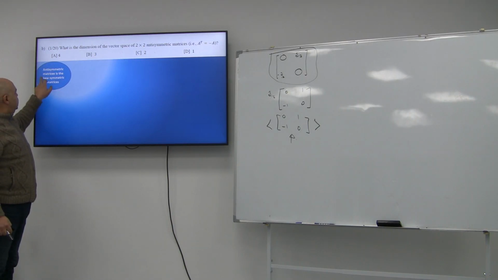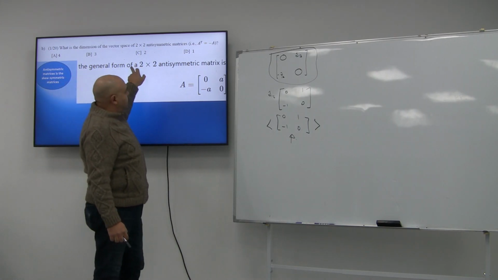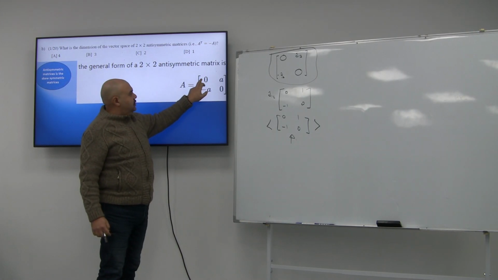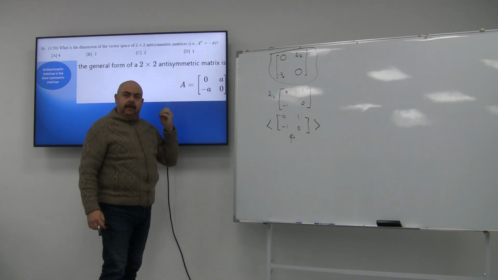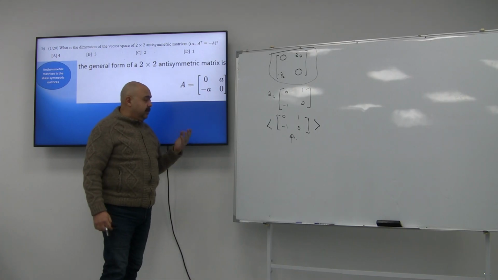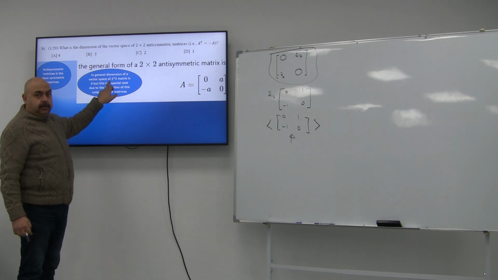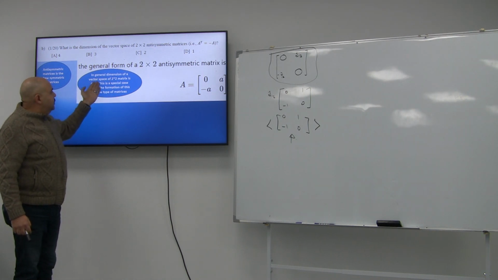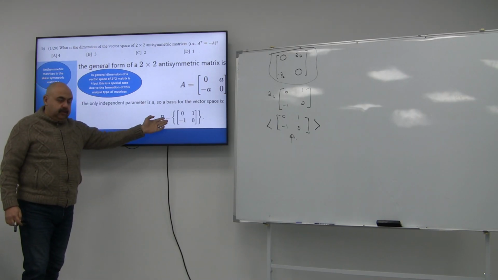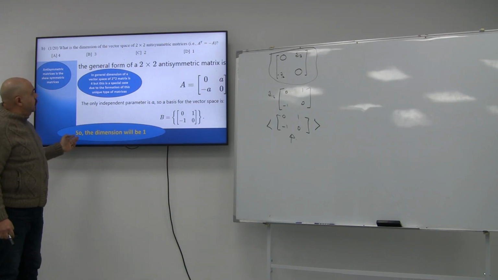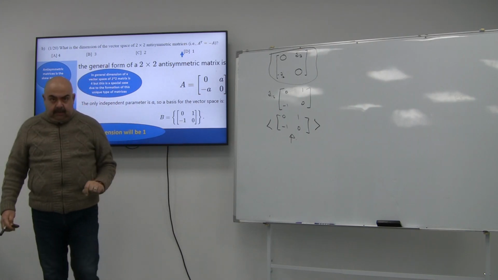So a 2 by 2 anti-symmetric matrix is in this form: 0, A, negative A, and 0. If you take A as a common factor, you end up with the vector and the basis for this subspace. In general, the dimension of a 2 by 2 matrix space is 4, but this is a special case, as I told you previously. So this is the basis of this vector space, and the dimension will be 1. So the right answer will be D.